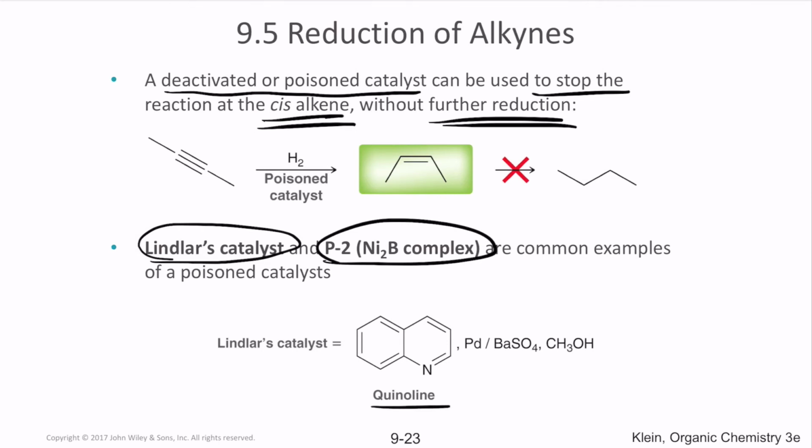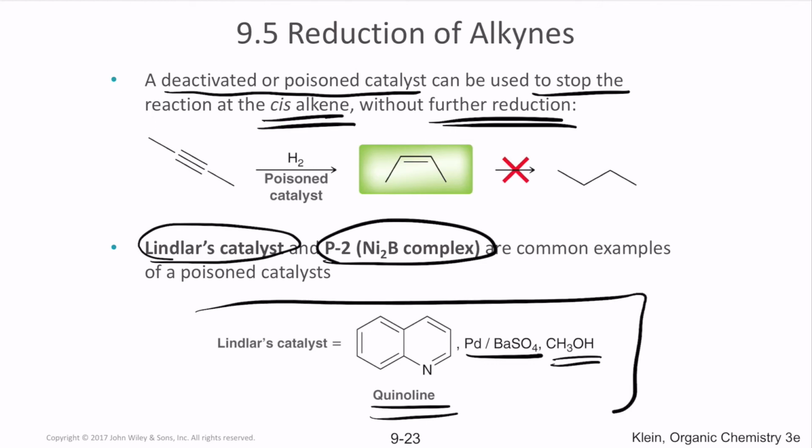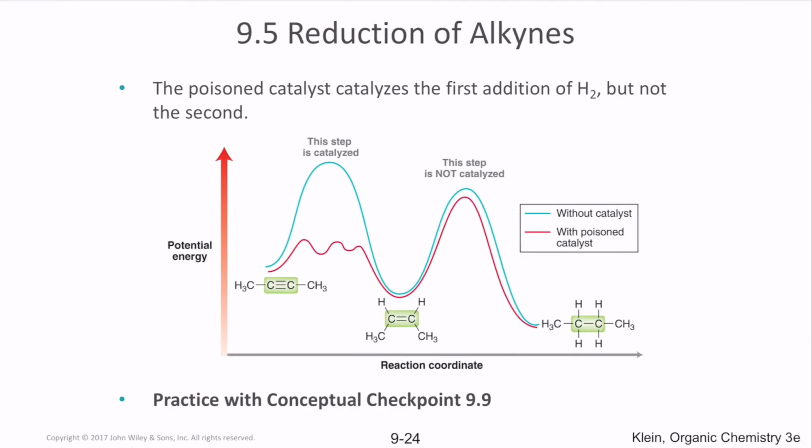Lindlar catalyst is palladium with barium sulfate and quinoline. This entire combined product is called Lindlar's catalyst, and it is commonly used to stop the reaction from going further to form the alkane and stop it at the cis alkene. So what happens here is that this step undergoes catalysis, but this step does not, resulting in the formation of a cis alkene.